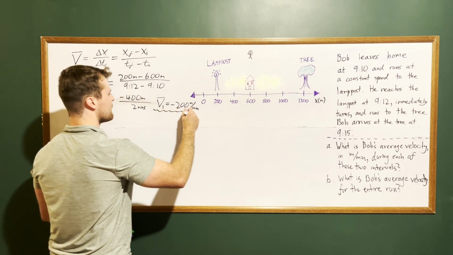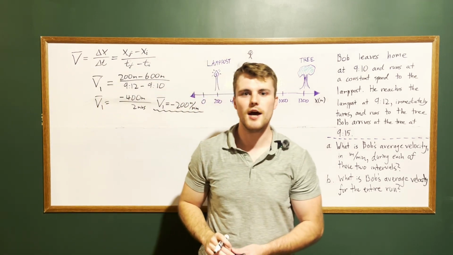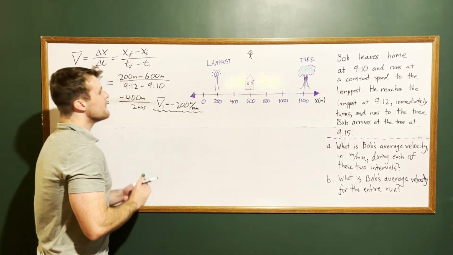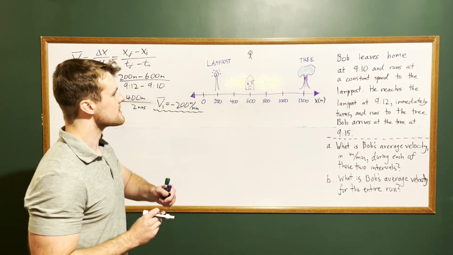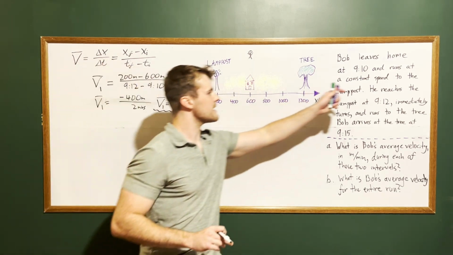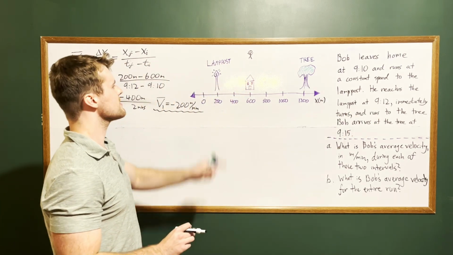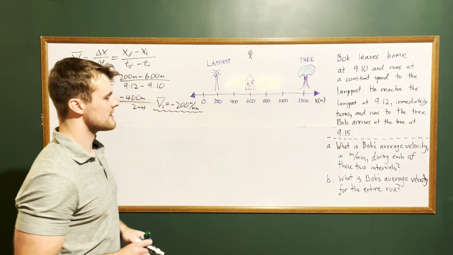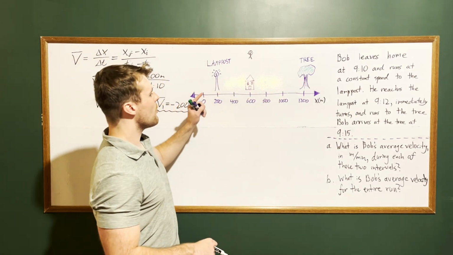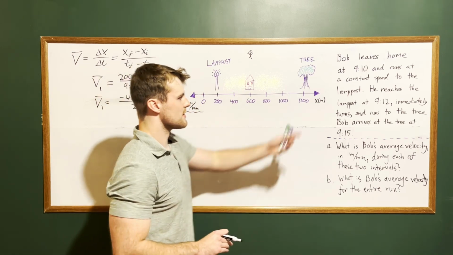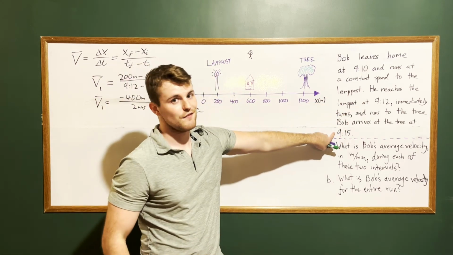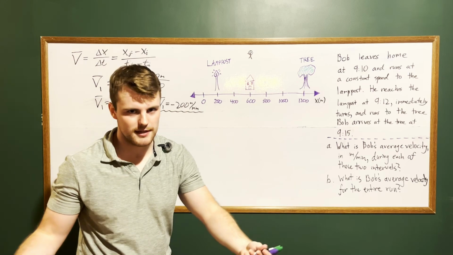There we go. That's our answer for the first interval. For the second part of this question, what happens? He reaches the lamppost at 9:12, immediately turns and runs to the tree. Bob arrives at the tree at 9:15. During this interval he starts at 9:12 and gets there at 9:15, so he's running for 3 minutes.